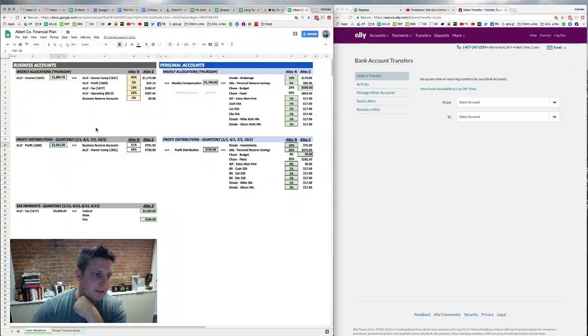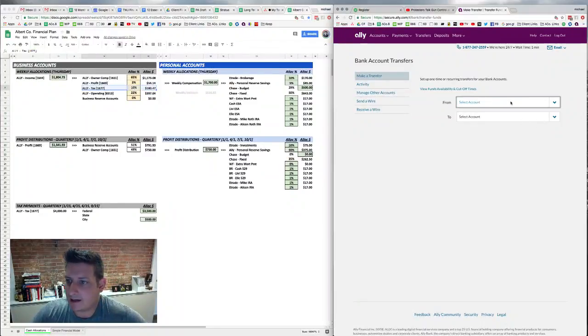I'll continue to stuff money into that account until 10/1, and then I will split that money between the business reserve accounts and just taking it as compensation, based on what I call a quarterly profit distribution, very similar to what big businesses do when they distribute dividends.